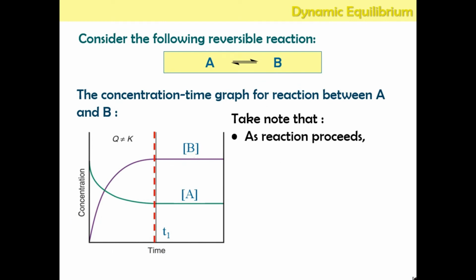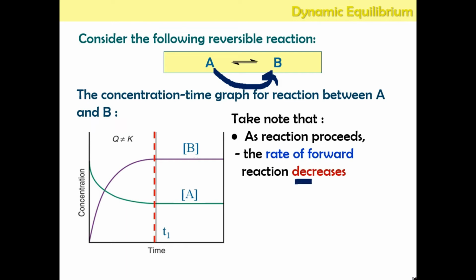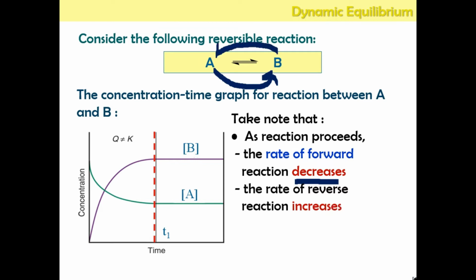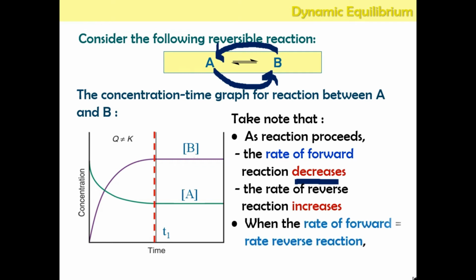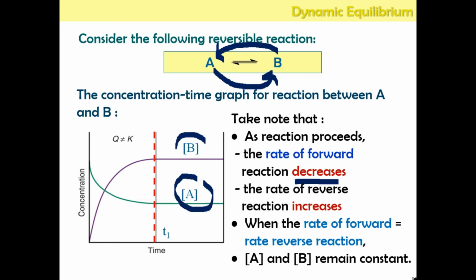Take note, as the reaction proceeds, the rate of the forward reaction A to B decreases, and the rate of the reverse reaction B to A increases. When the rate of the forward reaction is equal to the rate of the reverse reaction, the concentrations of A and B remain constant.